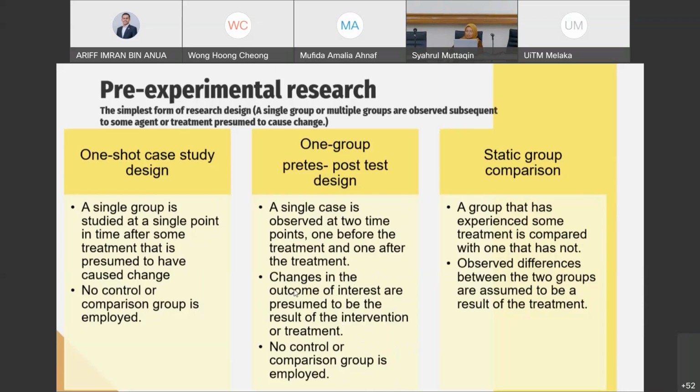So it's only one. And then in the static group comparison, a group that has experienced some treatment is compared with one that has not. Observed differences between the two groups are assumed to be the result of the treatment.